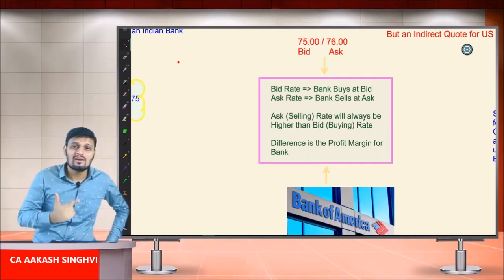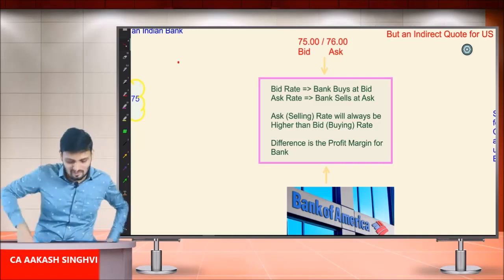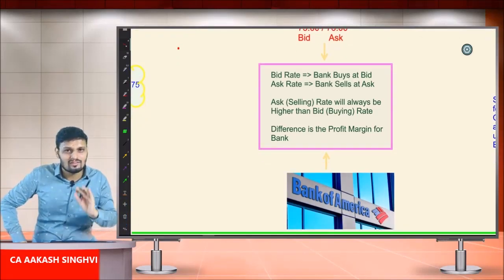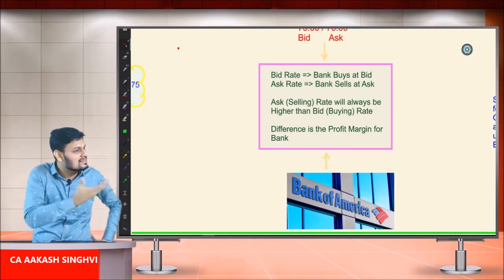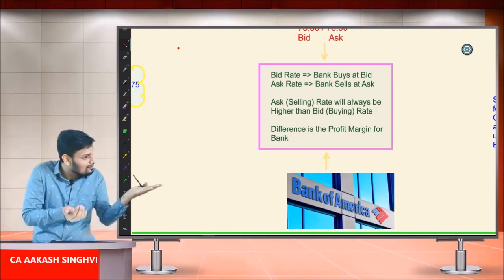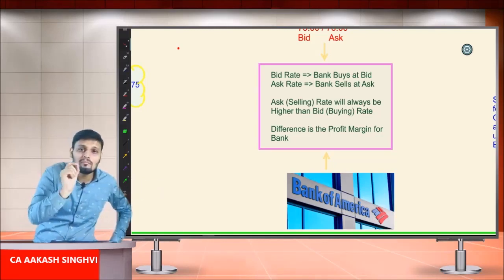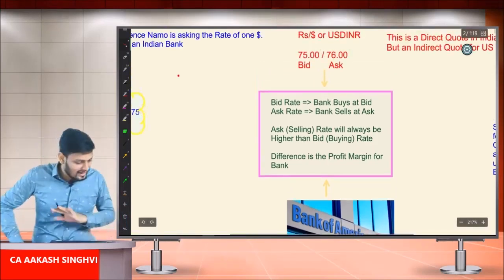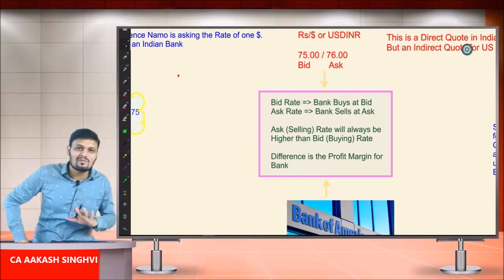Immediately reply. I will try to know how much you have learned from me, right? Exporter got dollars in his hand, he is selling to the bank, bank will quote him bid rate, ask rate. Come on. Bid rate, absolutely right guys, you have understood. Superb, I'm so proud of you.